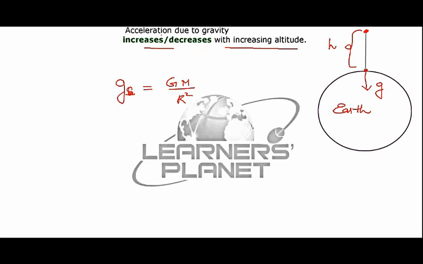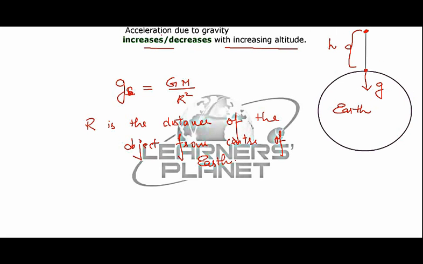Is this fine? Now r is the distance of the object from the center of Earth. This is pretty much clear to each and everyone.